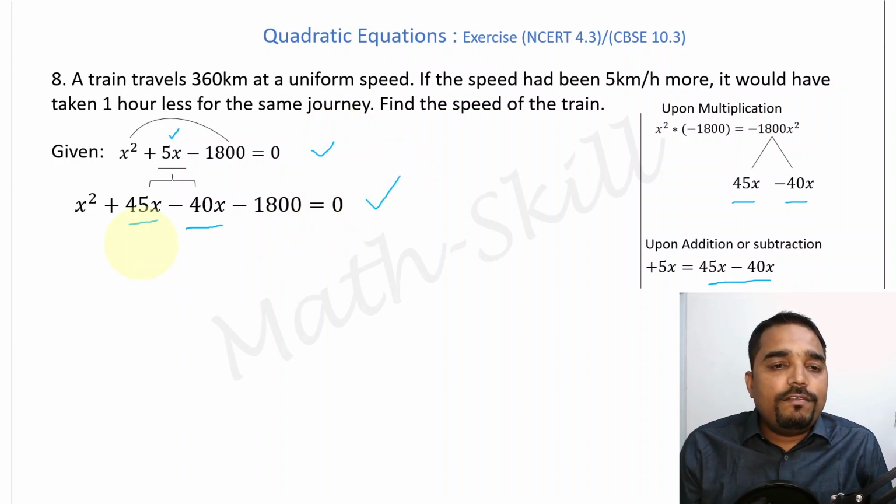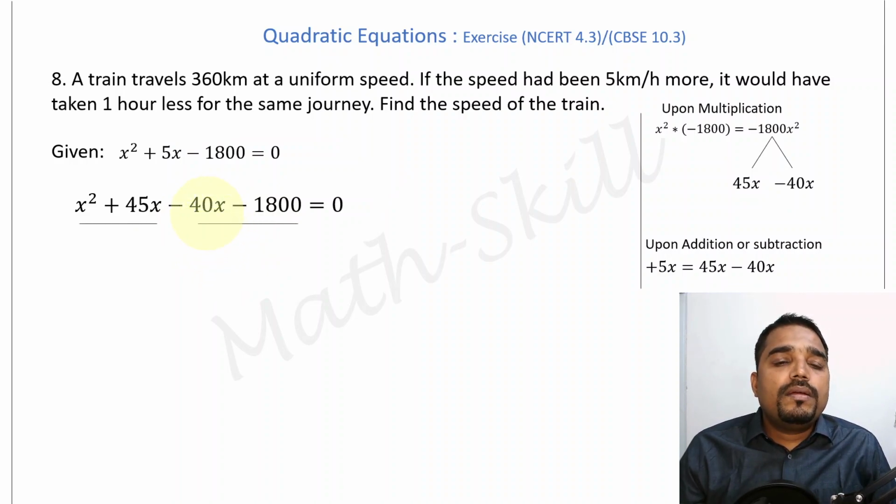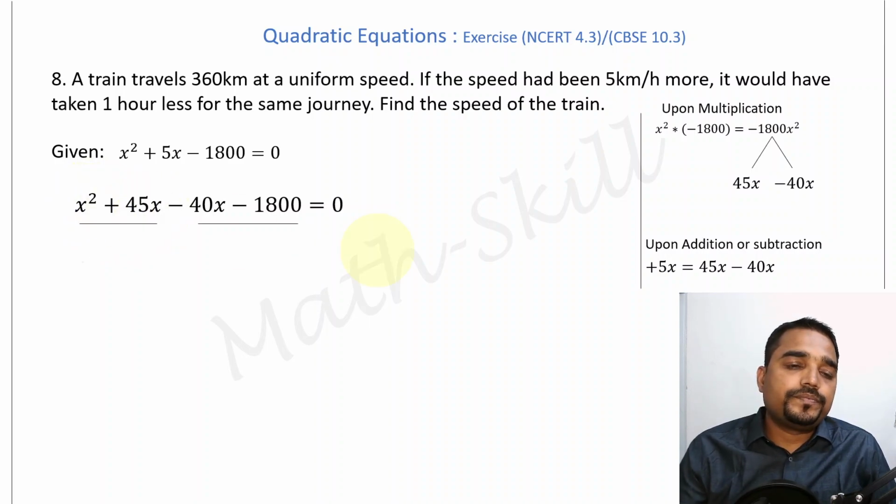Now to find the value of x, let us take common between first two terms and last two terms, that is out of x square and 45x, we have to take whatever is common. Also minus 40x and minus 1800, out of these two terms also we have to take common. So we observe that out of x square and 45x, x is common.